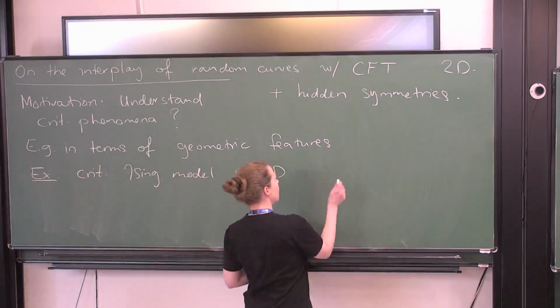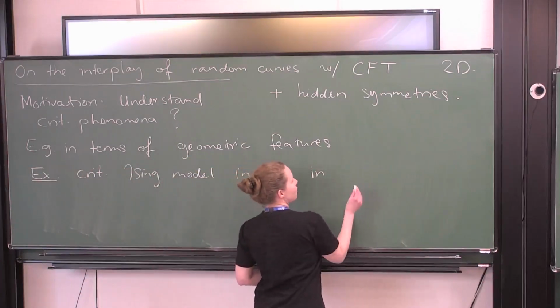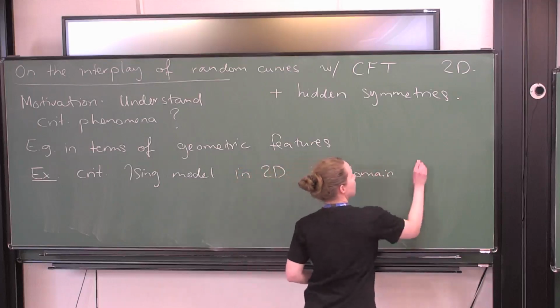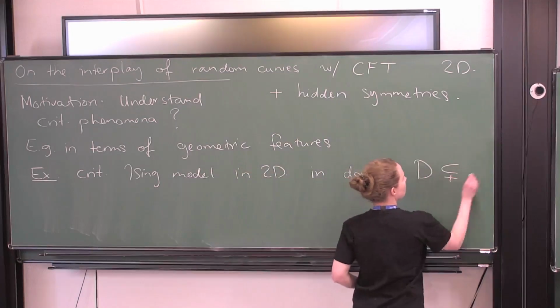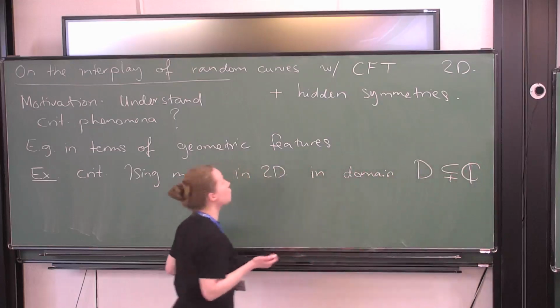So let's say in some grid approximation of a domain. So let's say domain D on the Riemann sphere or on the plane, maybe bounded. So we can draw some stuff.